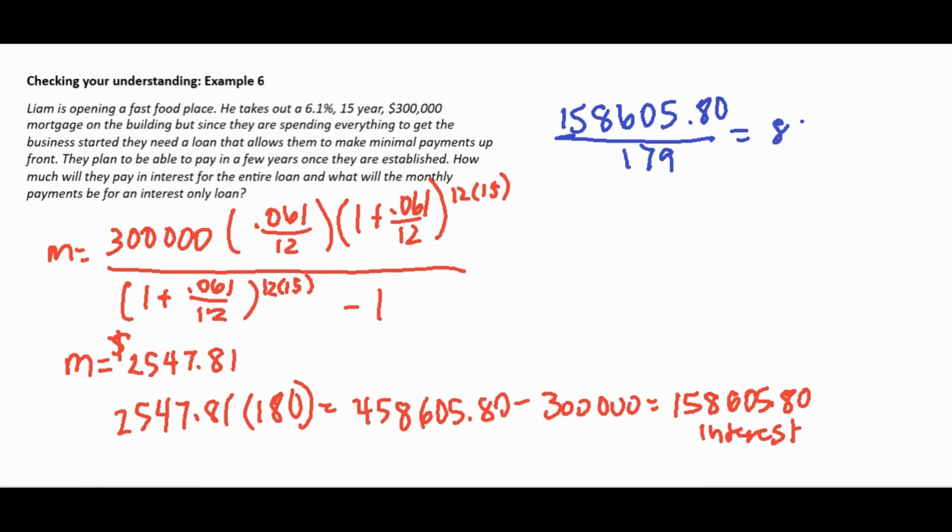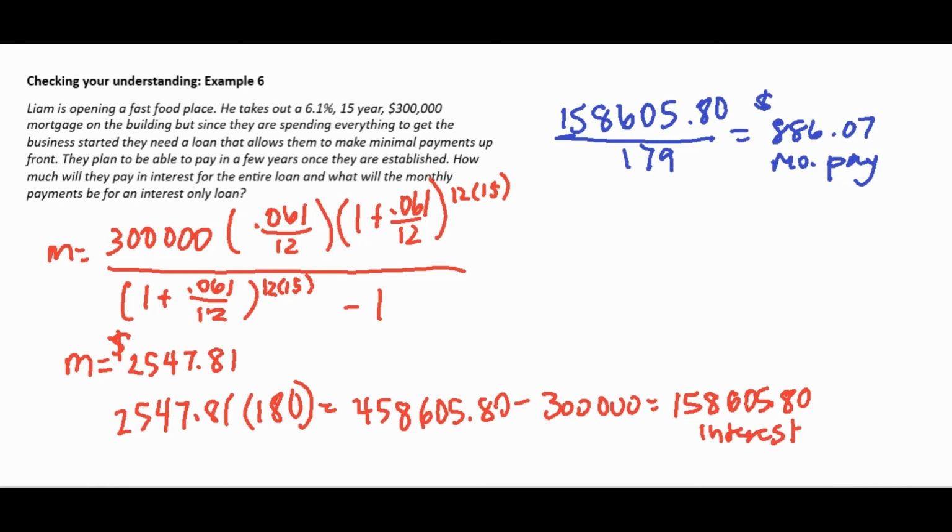So 158,606 divided by 179 comes out to $886.07. So Liam borrowed $300,000 to start his restaurant, and on a month-to-month basis, it's going to cost him $886.07. He's going to do that for 179 payments, for 15 years almost, and then in the last month, he's got to make a balloon payment of $300,000.